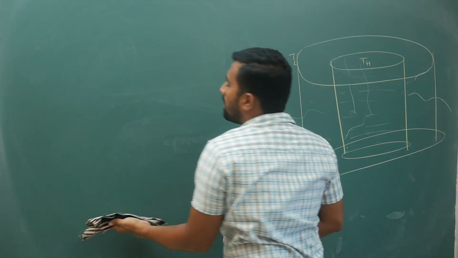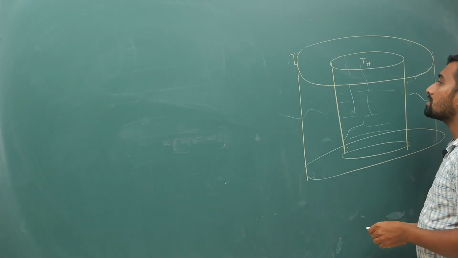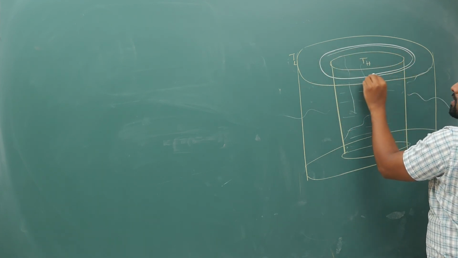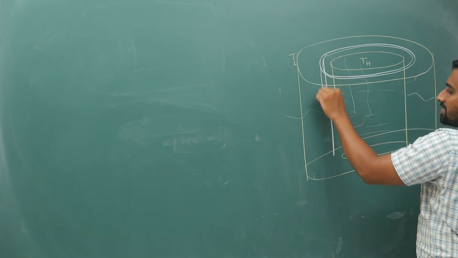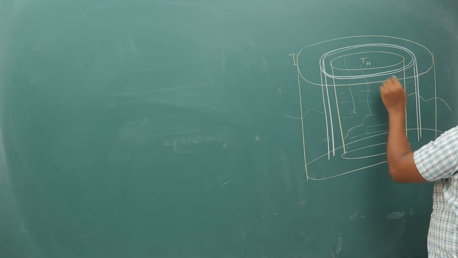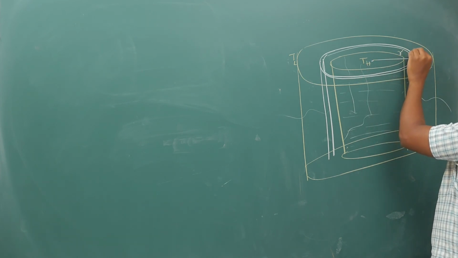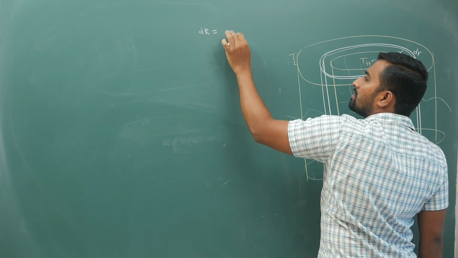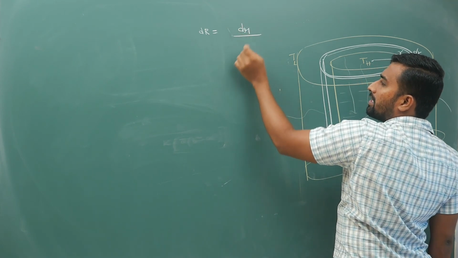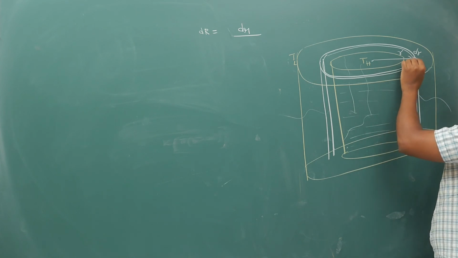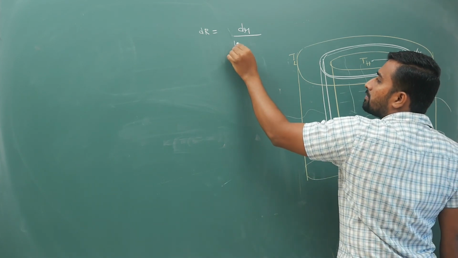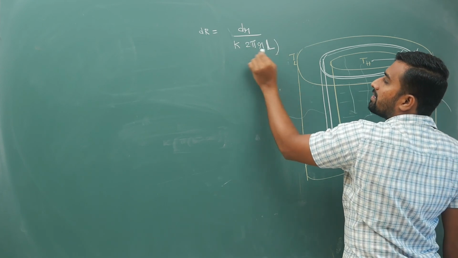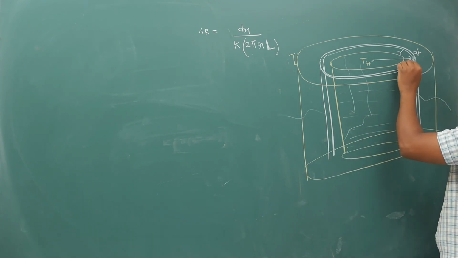I cannot write rho times L by pi into B square minus A square, because if I take a small strip of width dr at a distance of r, and try to calculate the small thermal resistance dR, then it is small length dr by K times the area of cross section, which is 2 pi r L. Your heat energy is coming out across this patch area.